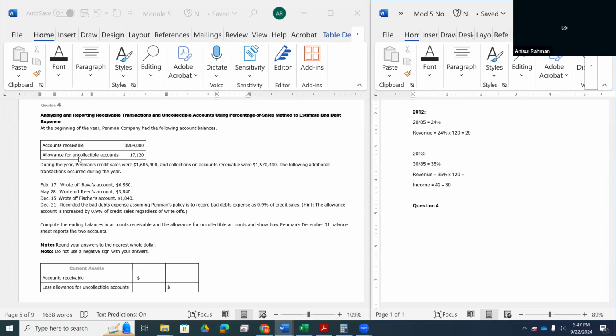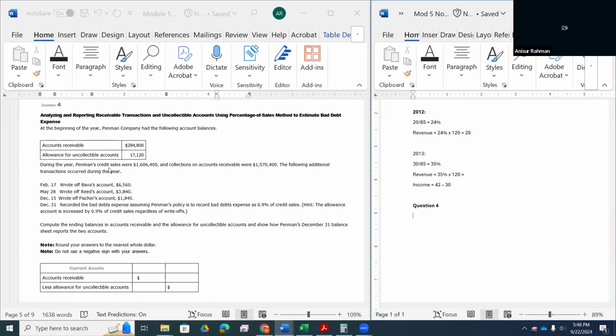That is why it is called uncollectible accounts. A company at the beginning can come up with an estimate based on the historical record. It can come up with an estimate for the allowance for uncollectible accounts.